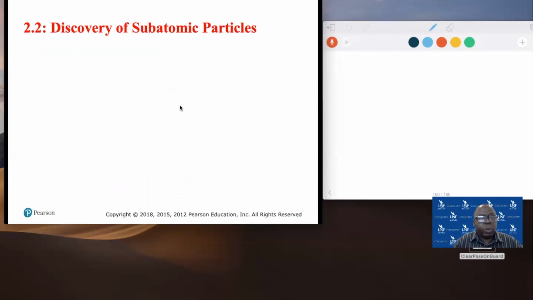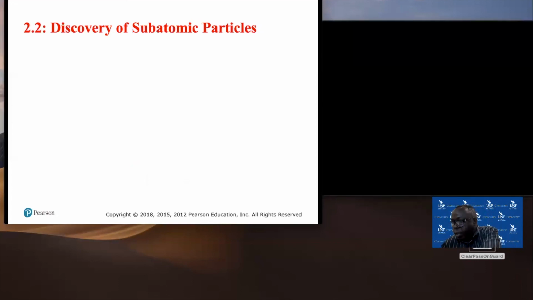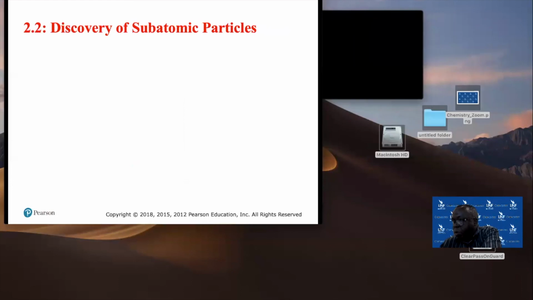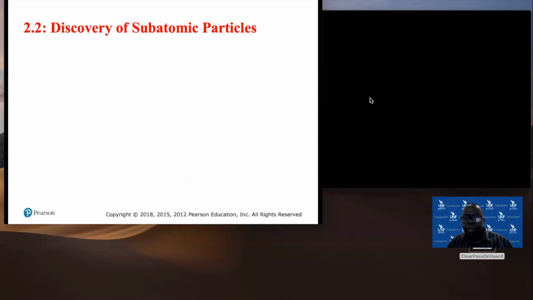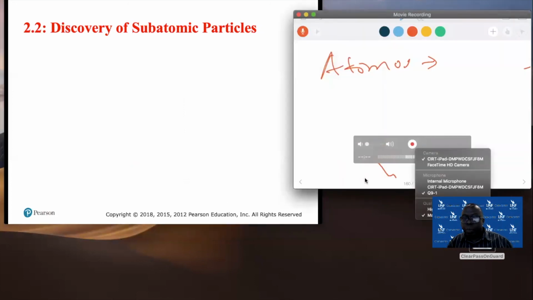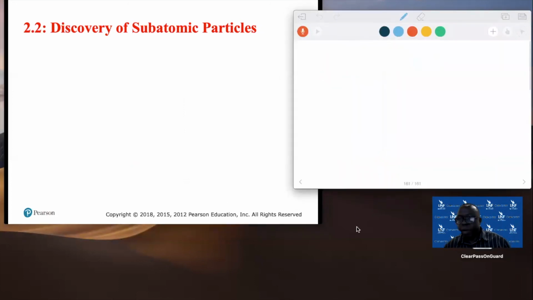And the subatomic particles here are protons, which I could use my whiteboard to show you the notation moving forward. If I do have protons, electrons, and neutrons, look at what I'm writing down, the subatomic particles.